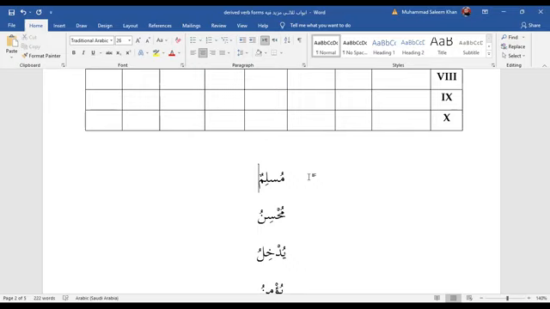All of them carry the meaning of as-sihha wa salama, meaning peace. So inshallah, being Muslims, this is what we are supposed to do, and that's what we are trying to do. So we will be the ambassadors of peace wherever we are, Muslimun.